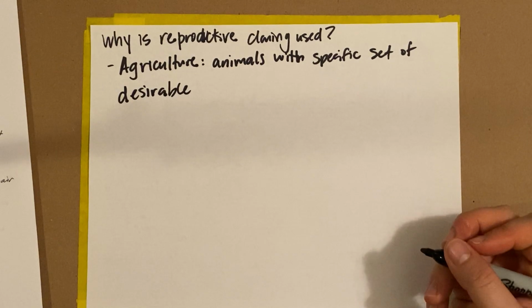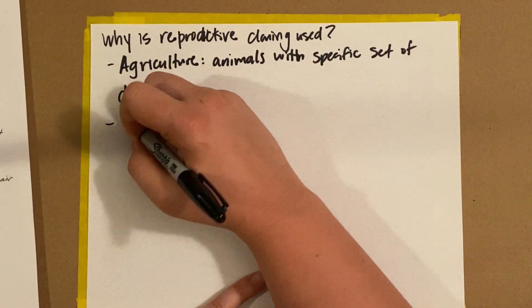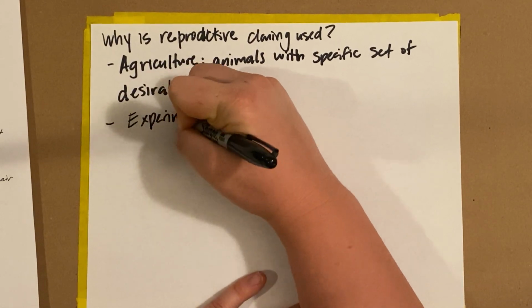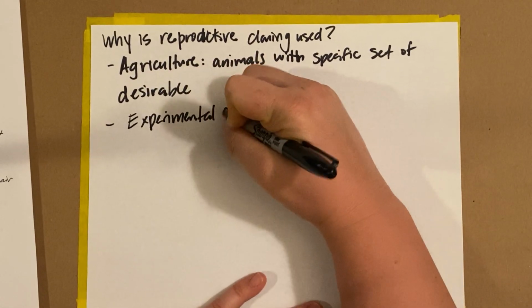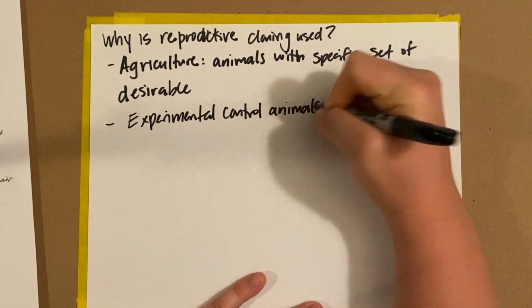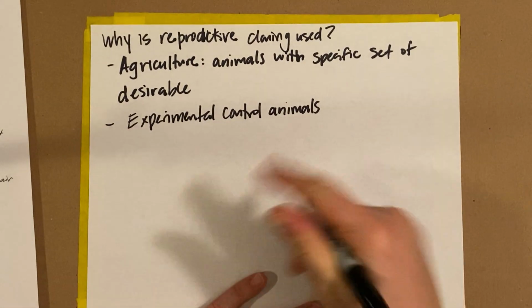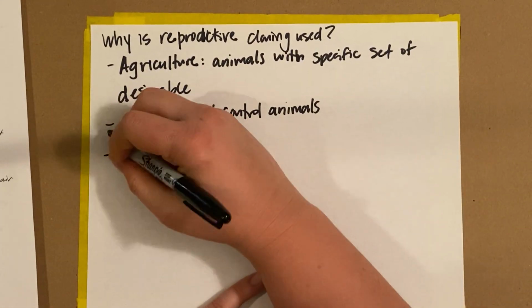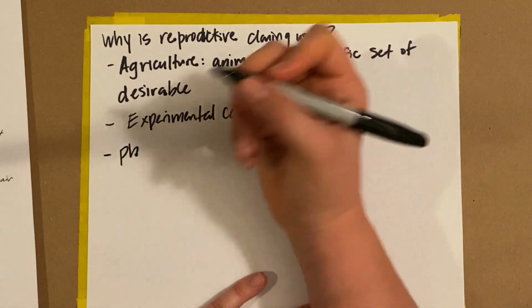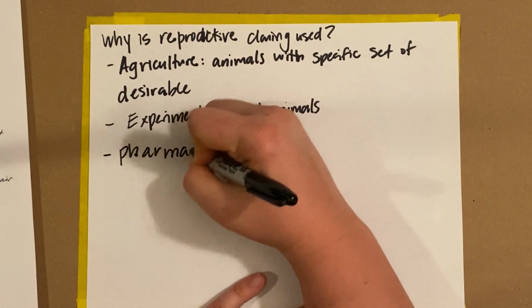I've heard of people doing this with dogs. This is a good way to make experimental control animals. So if you need mice that have a very specific genetic makeup, you want them all to be the same, you could do this type of thing. This is also for pharmaceutical type of things.